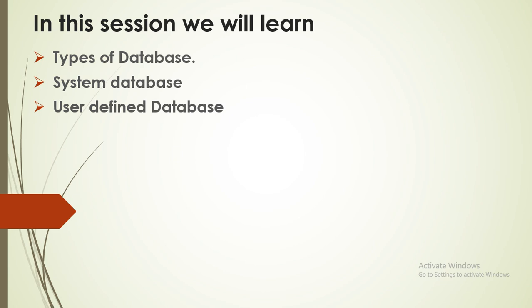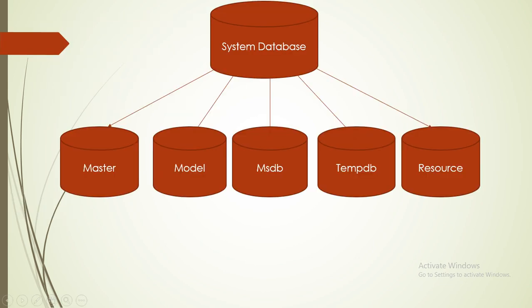As you know, there are two types of databases in SQL Server: system-defined databases and user-defined databases. In this session, we will discuss the system-defined databases. For a better understanding, please keep watching this video till the end.